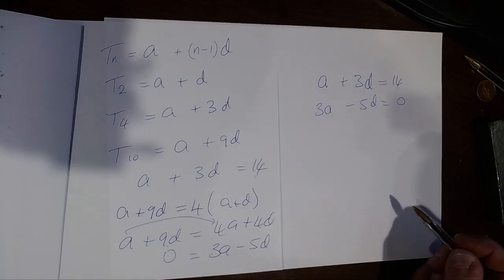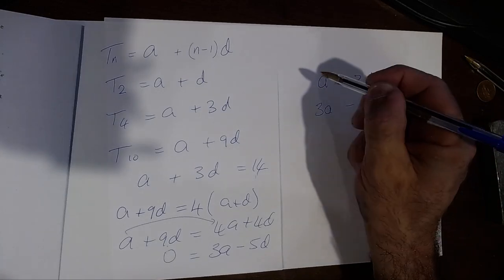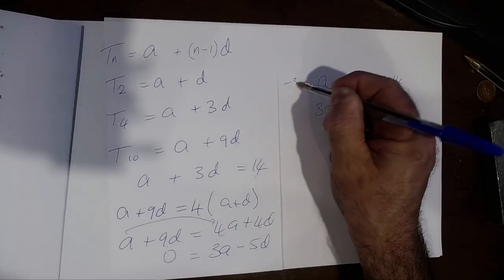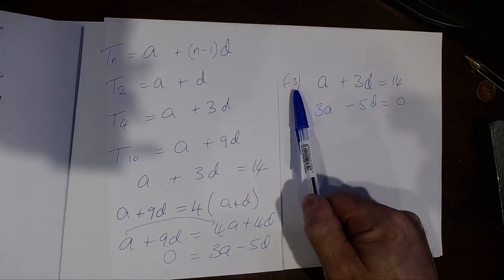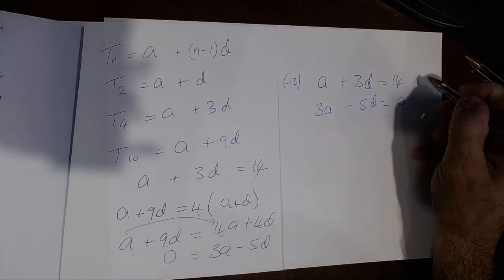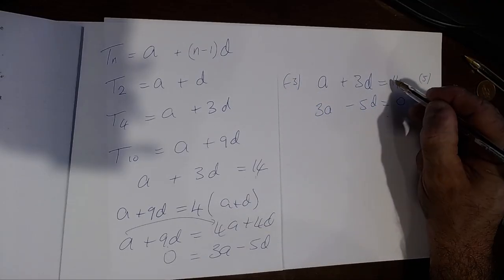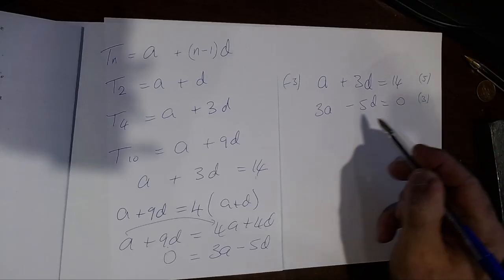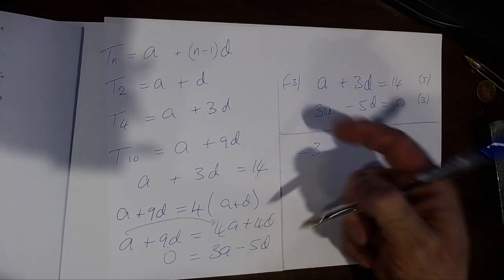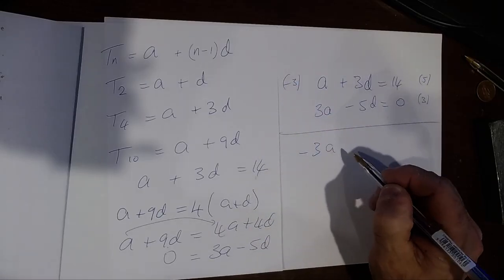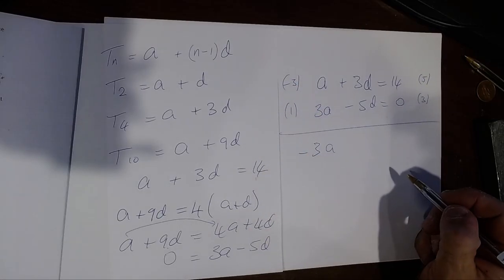Okay, will we multiply the top by negative 3 to get rid of the A's, or you could have multiplied the top by 5, or you could have done times 5 and times 3. It's all the one. Going with this option, we're only multiplying one line. The other line is kept the same.